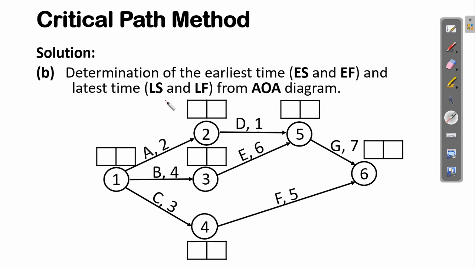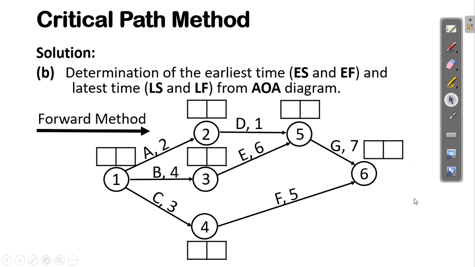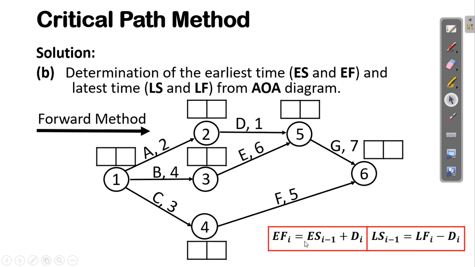In filling the information for the early time for each activity, we are going to apply the method called the forward method. And in determining the late time, we are going to use the backward method. These will be filled using this formula: the left hand side of the box will be the earliest time, and the right hand side will be the late time.